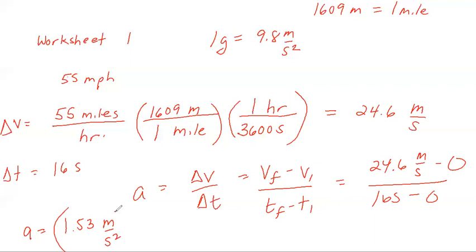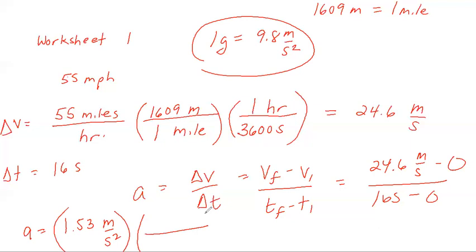And now to convert that into G's, I know 1 G from up here equals 9.8 meters per second squared. So I'm going to set up an expression for unity, which is just the same as 1. That doesn't look like 1, but I can multiply my value by it and not change the value.